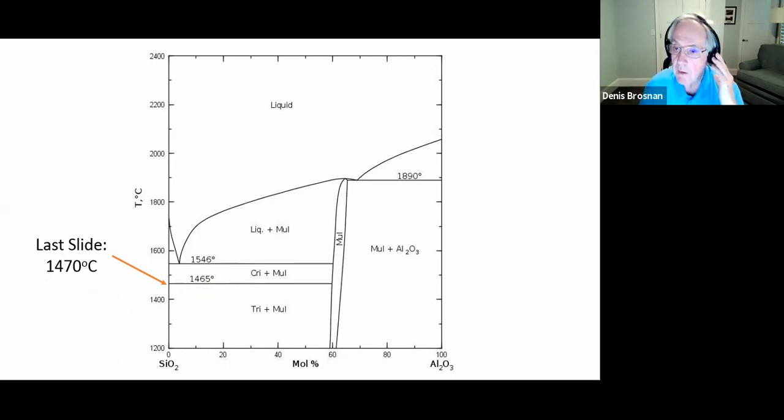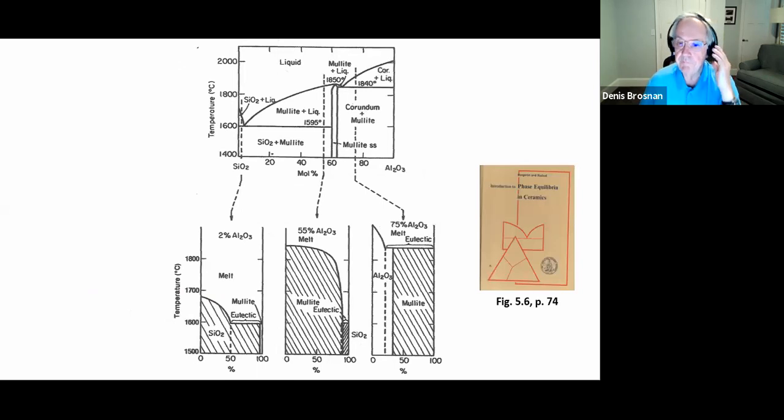Okay, and so now we're going to use the two-component diagram a little bit. And I'm going to talk about a diagram in Bergeron and Risbud. Now, last time I gave you a link to this book on phase diagrams. It's really well written.